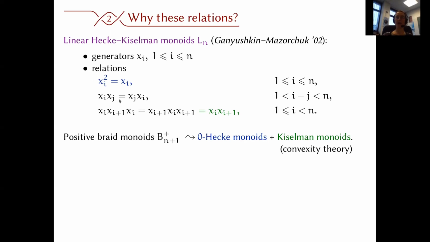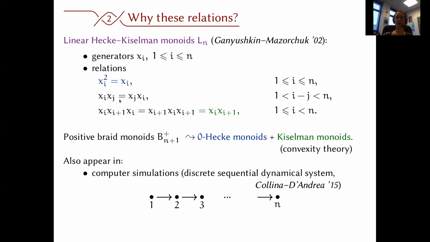So now I have explained to you where these relations come from, and we should know that these objects also appear in computer simulations. So the work of some Italian mathematicians.